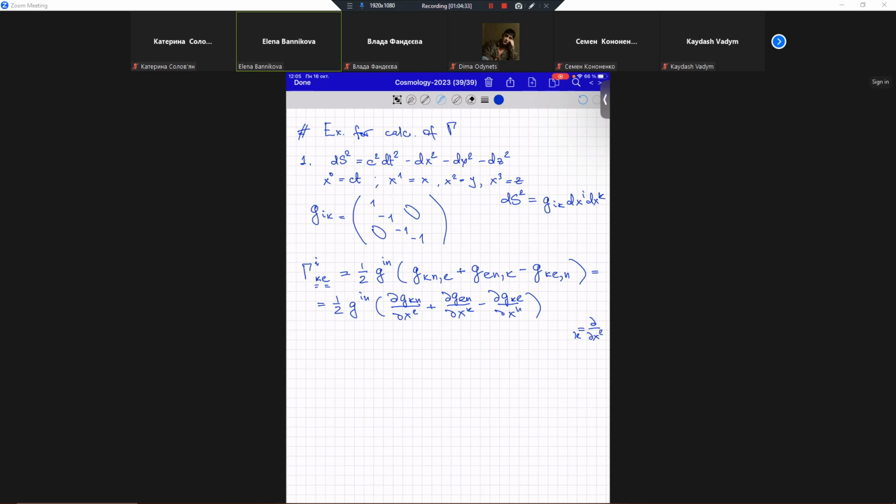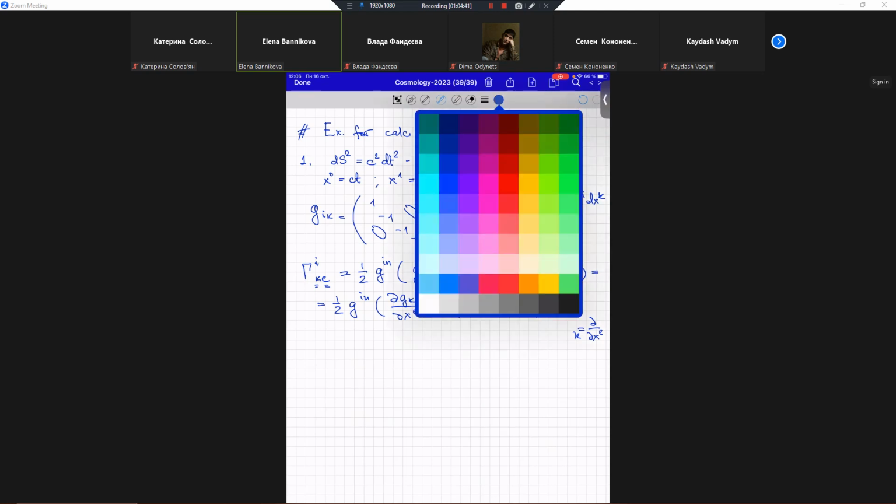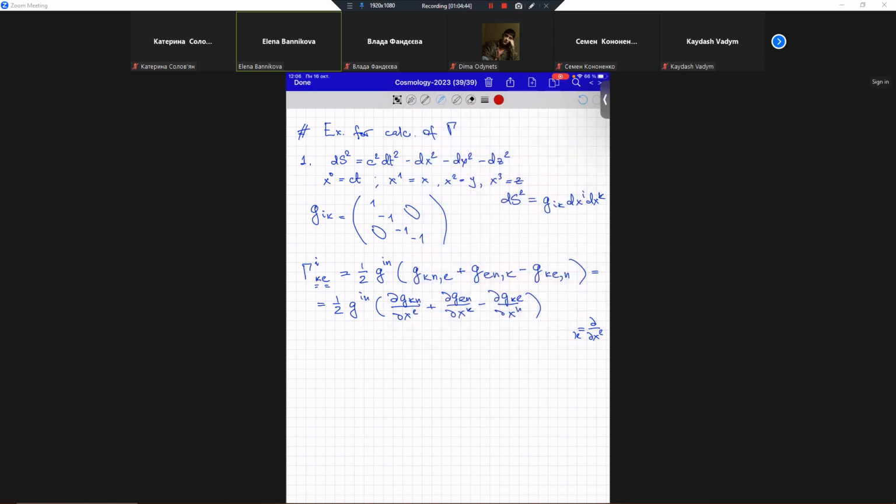Summation index means that we need to make a summation. I again would like to remind you, due to Einstein summation, that we need to put here the sum over n, and since we have four-dimensional space, n goes from 0 to 3.